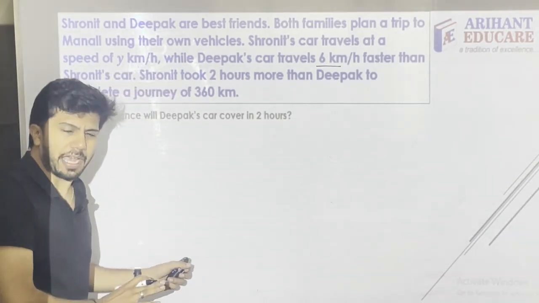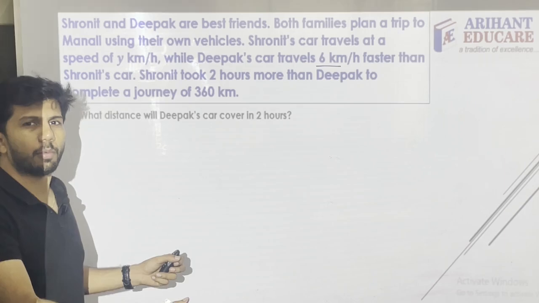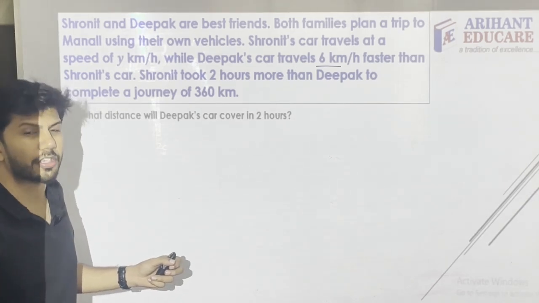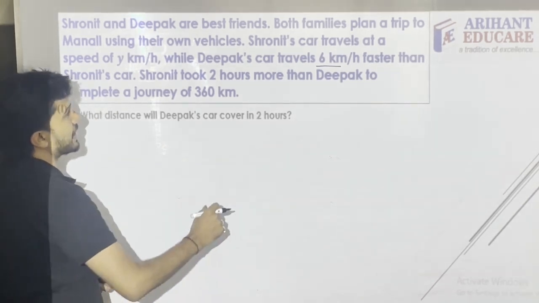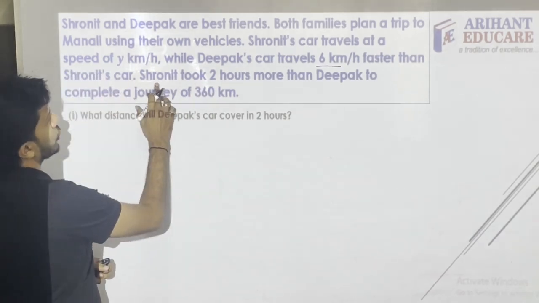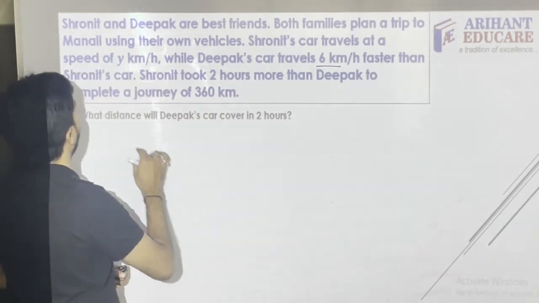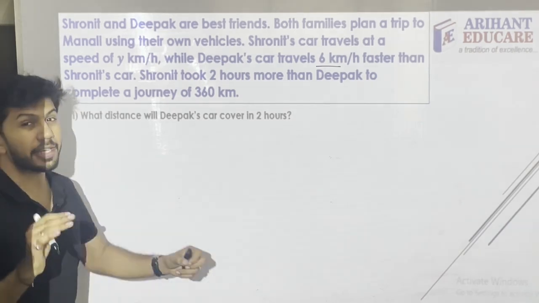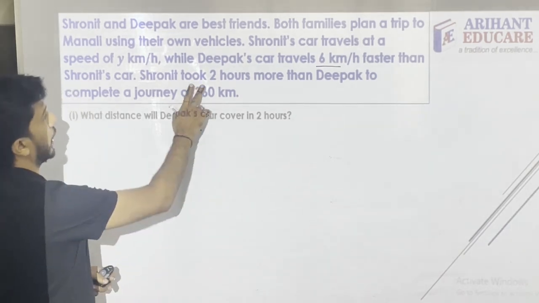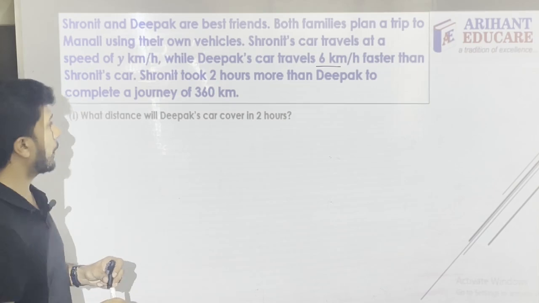So if I'm moving at y, Deepak sir will be moving at y plus 6. Shronit took 2 hours more than Deepak to complete a journey of 360 kilometers. So I required 2 hours more. He completed 2 hours prior.